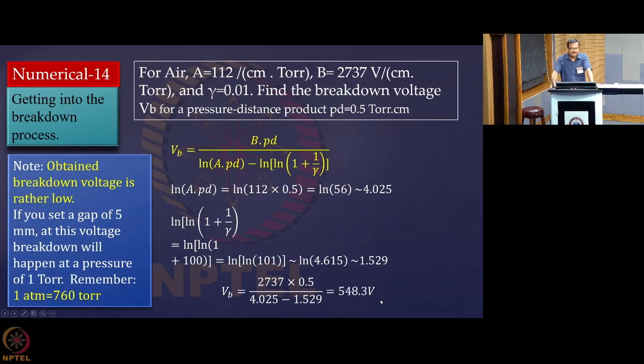So it is not even a kilovolt that you require. I would be quite happy as a plasma experimentalist if you asked me to give some 548 volt, not a kilovolt. But note that the breakdown voltage obtained is for a 5 millimeter gap when your pressure is 1 torr, and that is quite a low pressure at which you are going to get this breakdown.